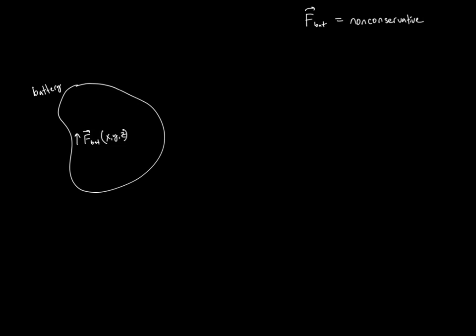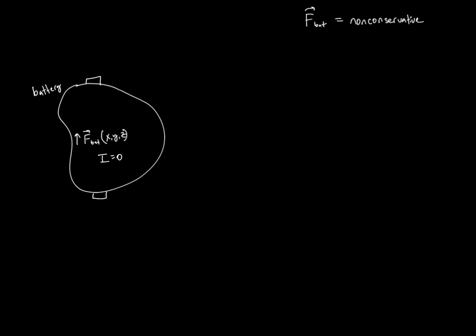So let's draw some terminals on our battery. And we know that this battery is not connected to anything, so the current in this battery must be 0. Has to be. But we have a force that's exerted on electrical charges. Force pushes charges, yet the current is 0. So what's going on? What happens is essentially a feedback process.